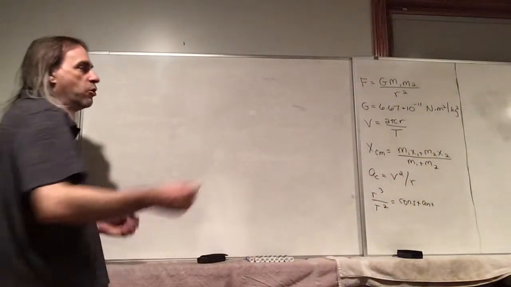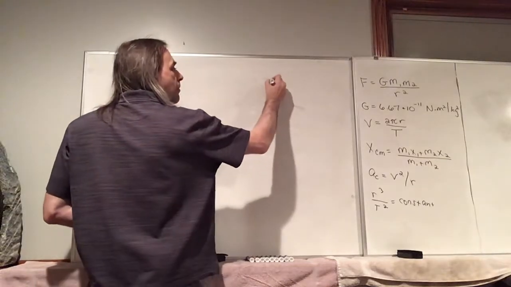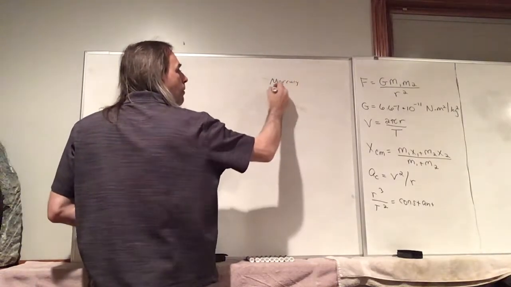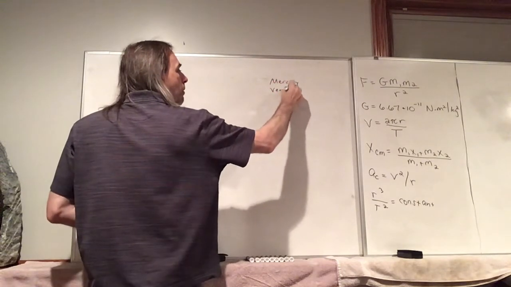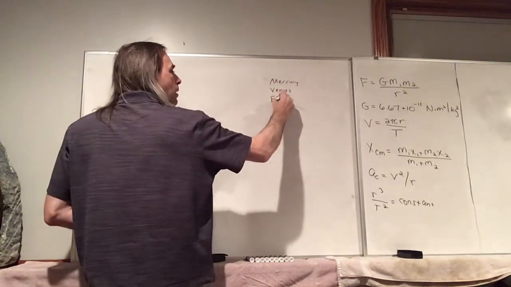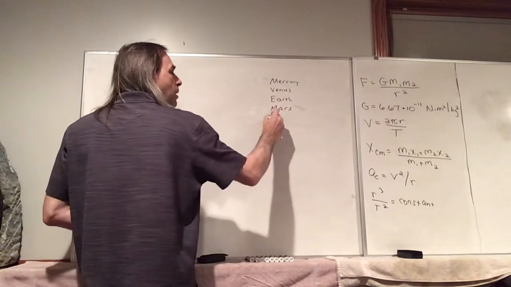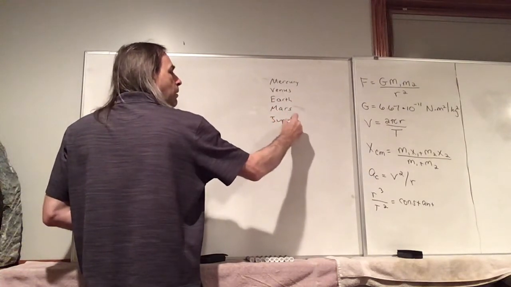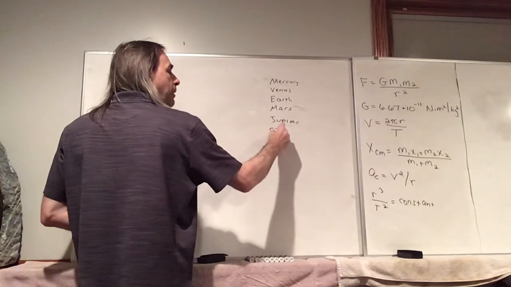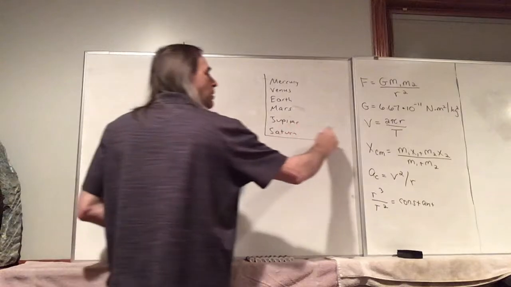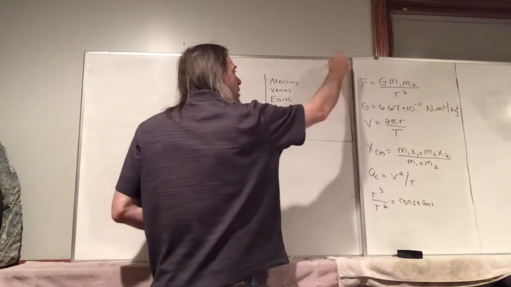Now, what they knew back in ancient times: we have Mercury, Venus, Earth, Mars, Jupiter, and Saturn. That's all they knew about back then, because those are all very visible planets. Actually, I've never seen Mercury myself.